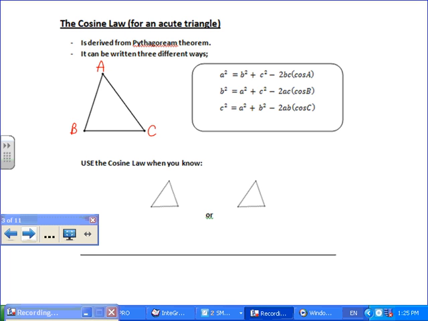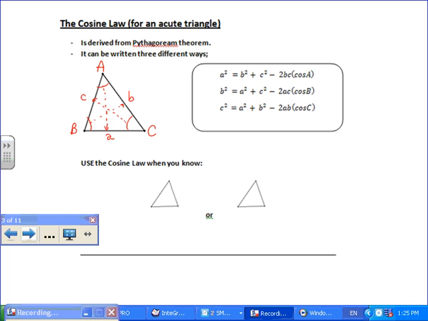So capital A is referring to angle A right here, capital B refers to angle B, and capital C refers to the angle at vertex C. Across from each angle, I would label my side length. So A is across from A, just like we would label it for sine law. Across from angle B is side length B, and we use small letters to represent side lengths. And across from C is side length C.